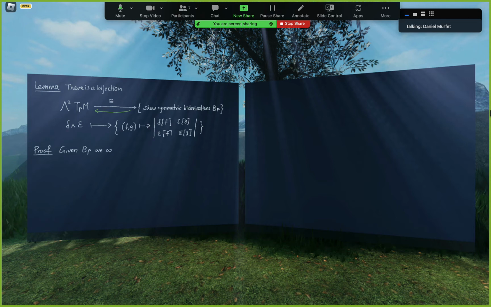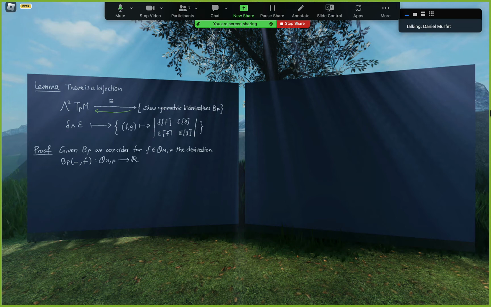We consider, for any germ, well, we can fix the second variable in B_P. That's a derivation.